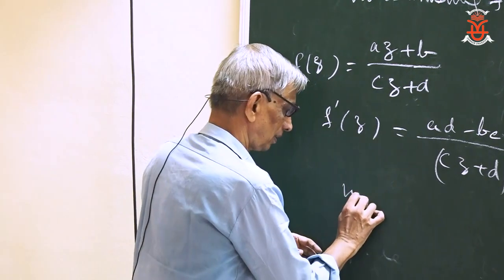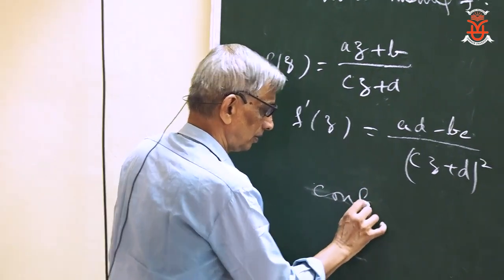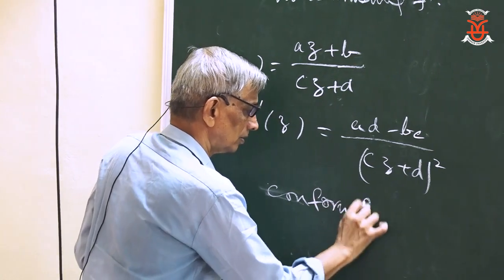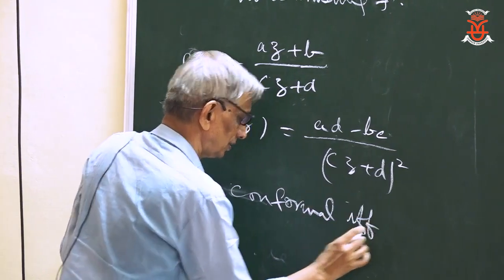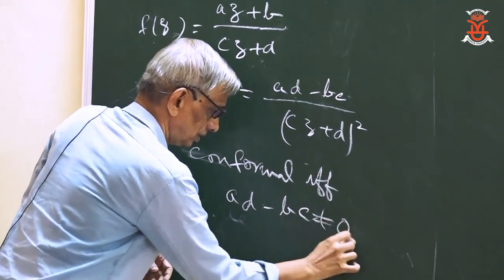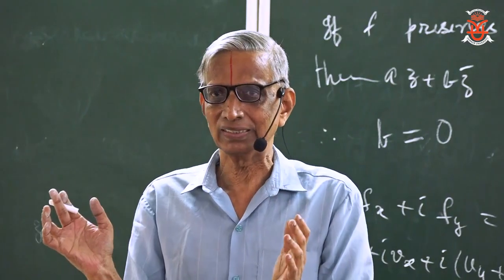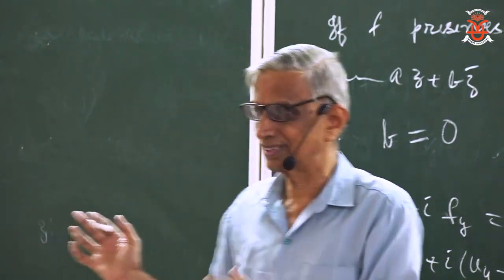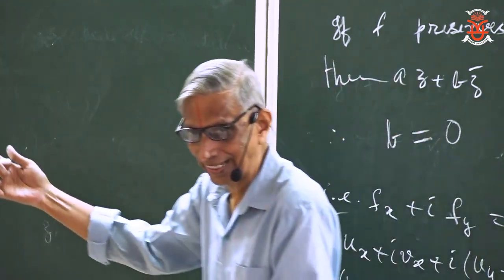So it is conformal only if the matrix abcd is a non-singular matrix. So in other words, GL2C is acting.